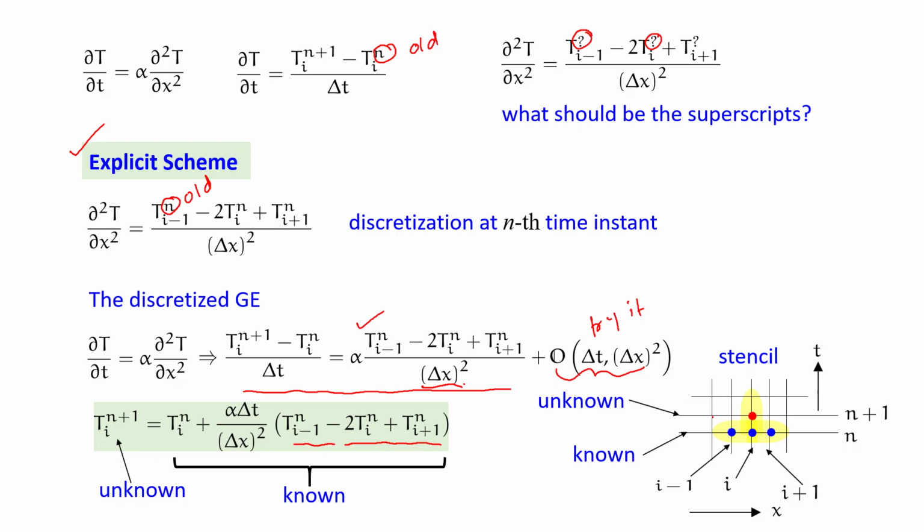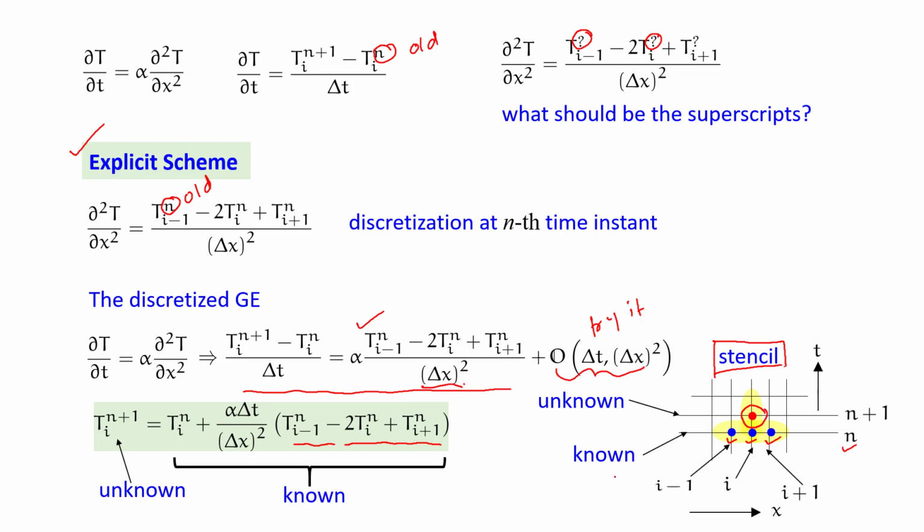So if you look at what we call the stencil for this case, this is the nth time level, which is our known time level, and we are taking only i minus 1, i and i plus 1, three values from the nth time level. So this is 1, 2 and 3 values from the nth time level, and using those 3 values I am calculating the n plus 1th time level T_i, and that's pretty much it.